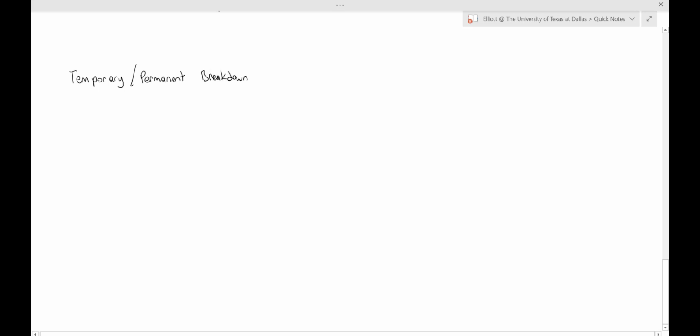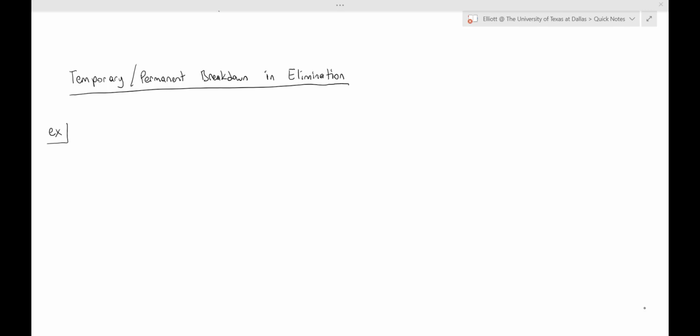I personally don't like this terminology, but it's something in your textbook, so I kind of have to talk about it. Let's say I'm going to illustrate what a temporary breakdown is in elimination. And then after that, we'll look at what a permanent breakdown is as well.